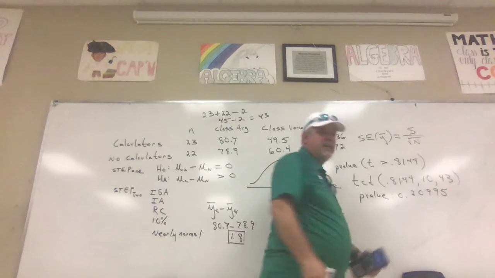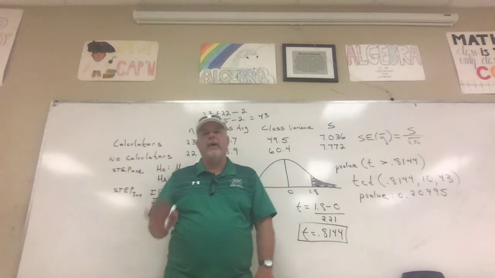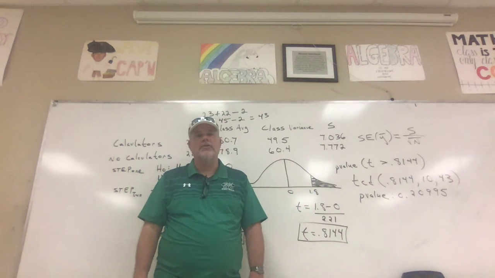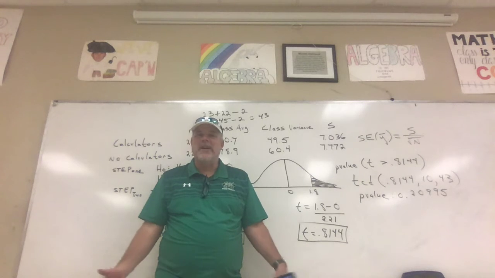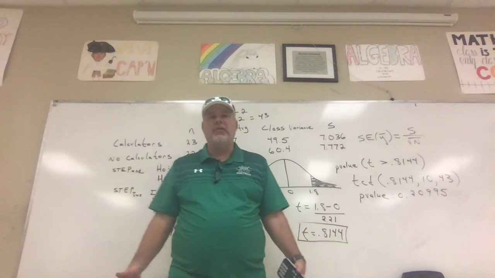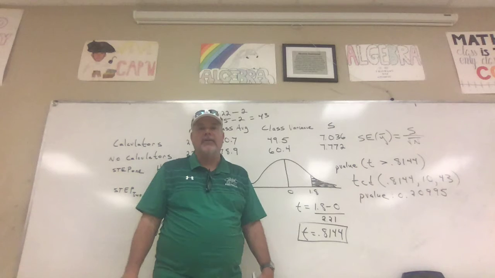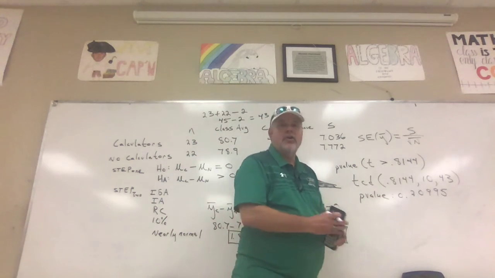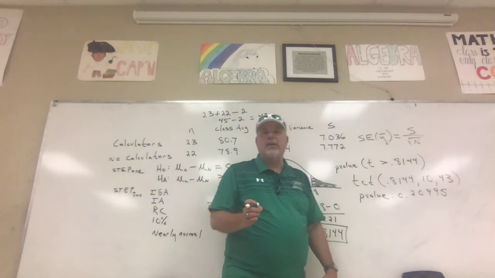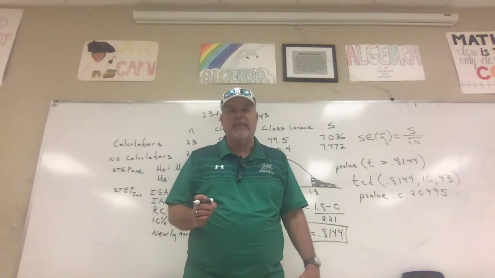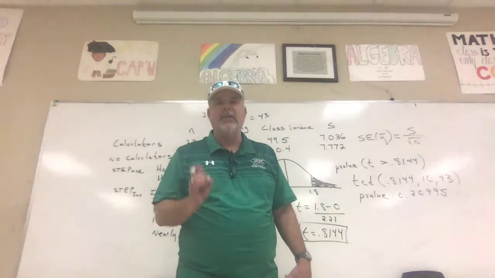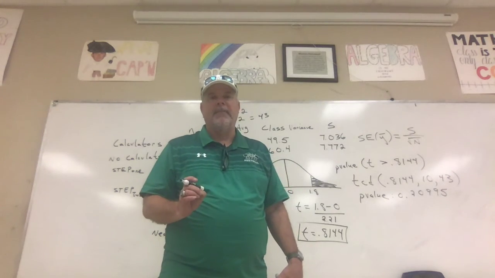So my p-value is 0.20995. There are about 4 of you that are continually making the wrong conclusion, which, to be honest with you, I can't understand why, because we've been doing the same thing now for 6 weeks. Because of the extremely large p-value, because it's bigger than 0.05, we fail to reject the null hypothesis.